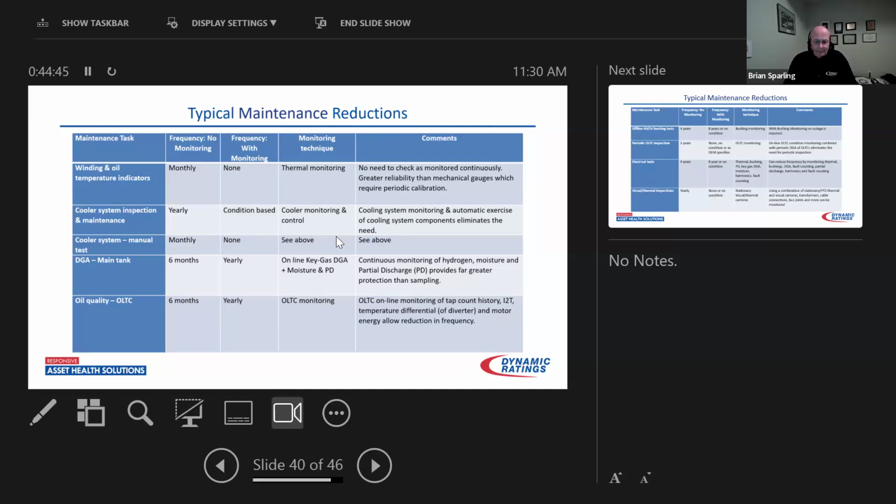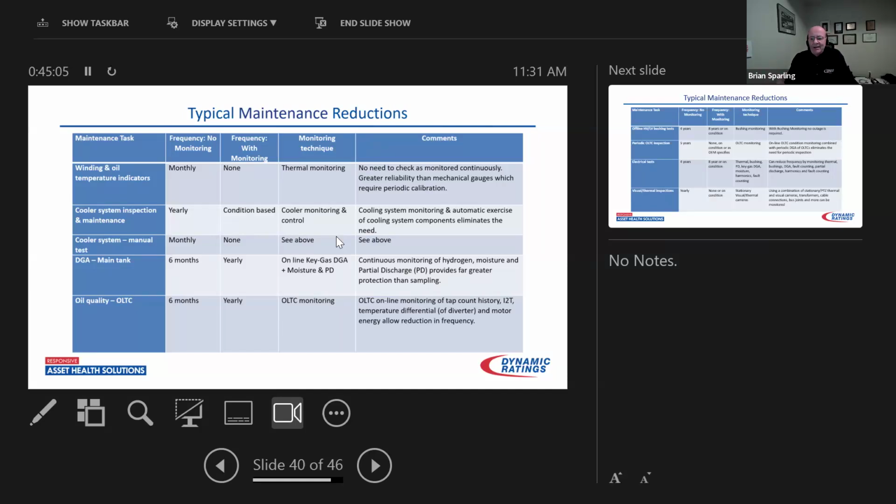And for oil quality, there's nothing available to measure things like color of the oil or IFT of the oil or dissipation factor of the oil. The point is that when gases begin to generate, it's time to do something.